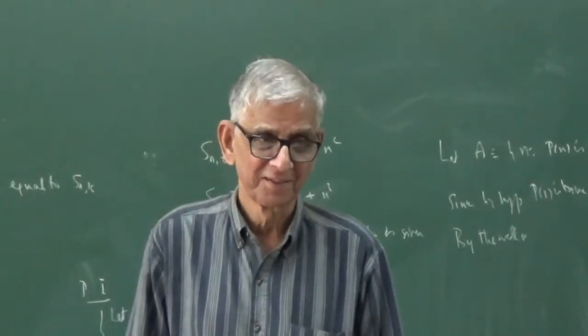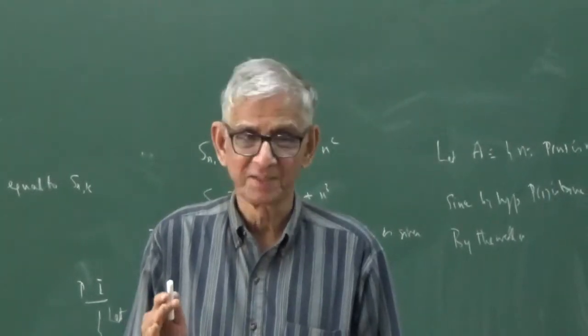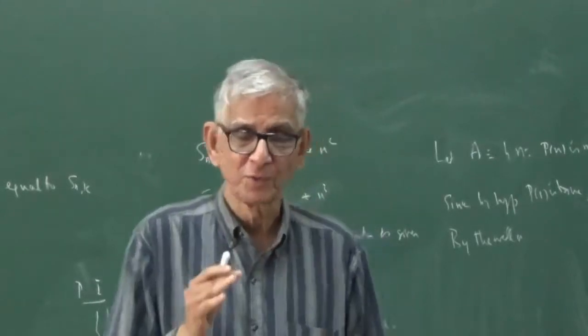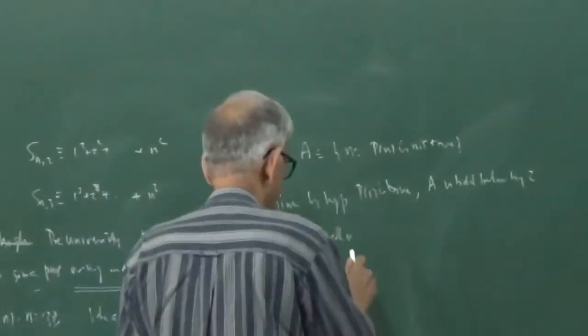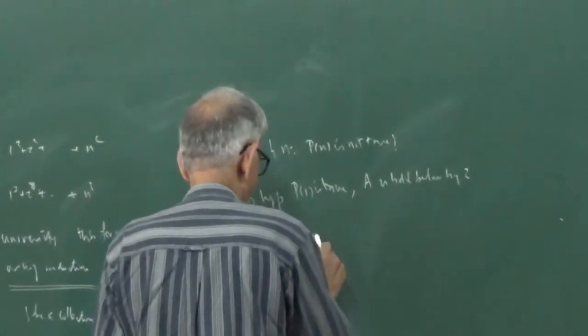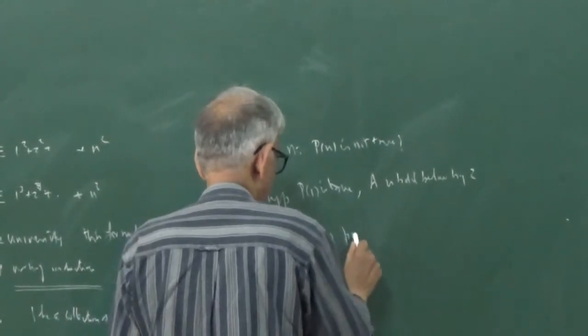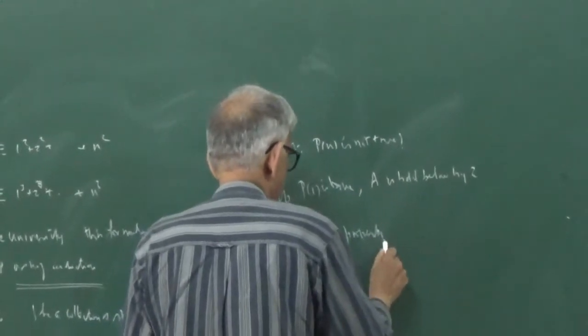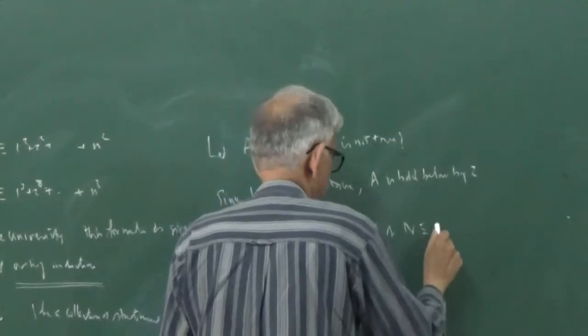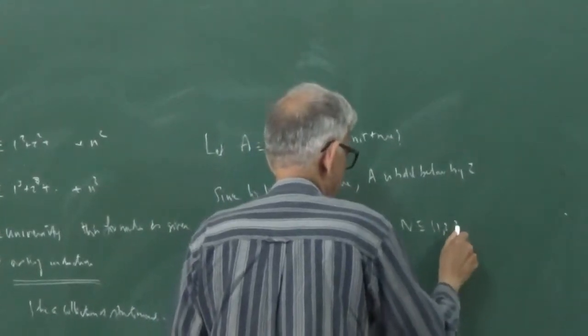You have to start somewhere. So assume the well-ordering principle is given to you. You have to use the well-ordering principle, a property of capital N equal to 1, 2, 3.